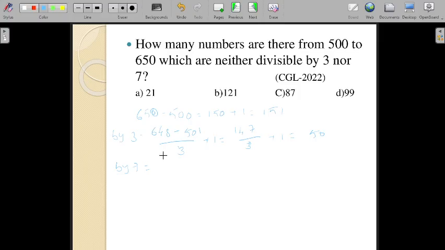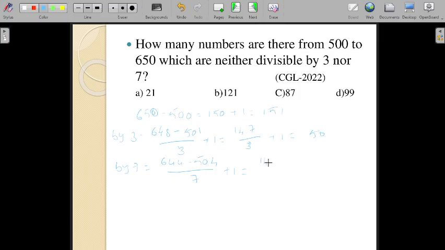Same thing we apply here by 7. What is the largest number that can be divided by 7 and also less than 650? 644 minus 504, because it is the least number divisible by 7 and more than 500, by 7 plus 1. See here, it is the largest number and it is the least number, so by dividing by 7 we can find how many numbers can be divided by 7. So how many numbers are there?